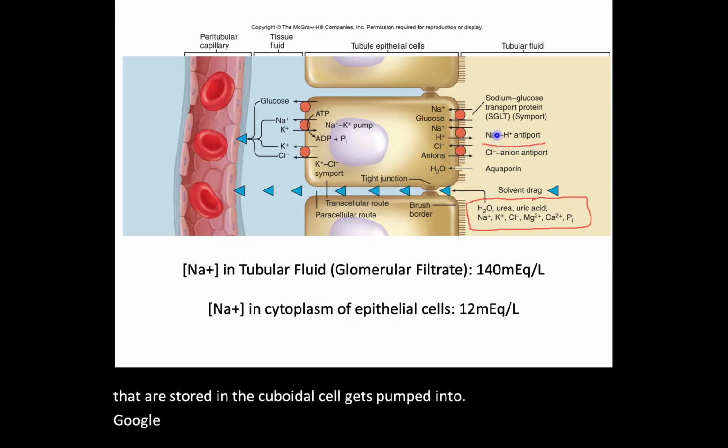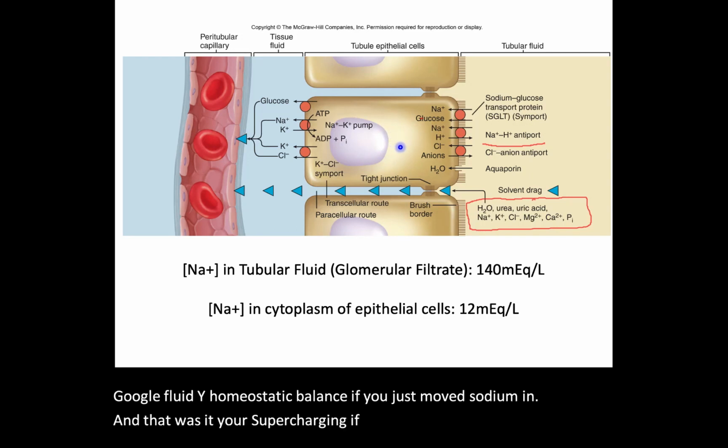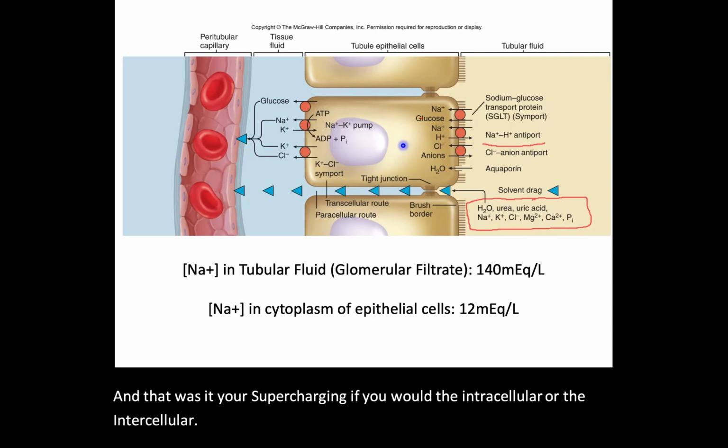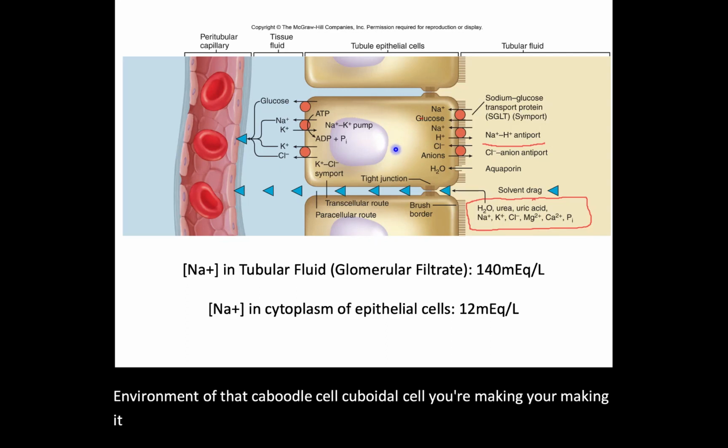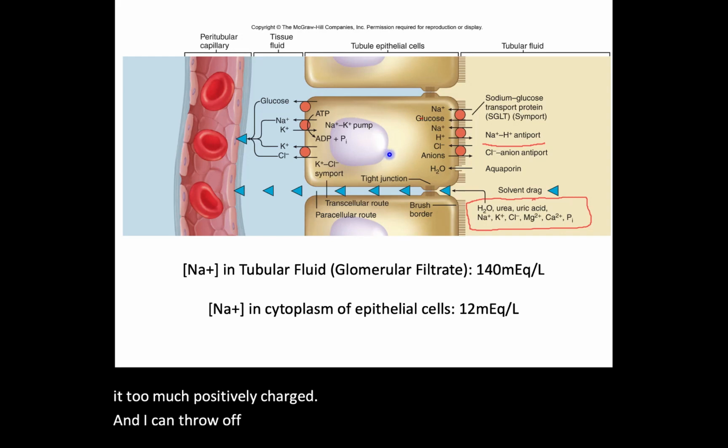Why? Homeostatic balance. If you just moved sodium in and that was it, you're supercharging the intracellular environment of that cuboidal cell. You're making it too positively charged, and that can throw off the balance of everything else.